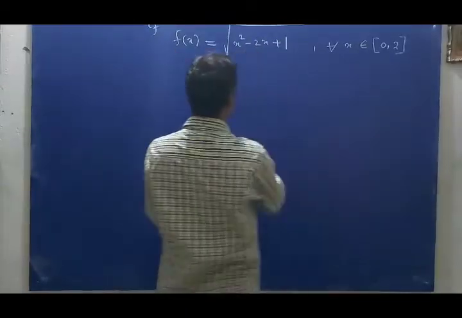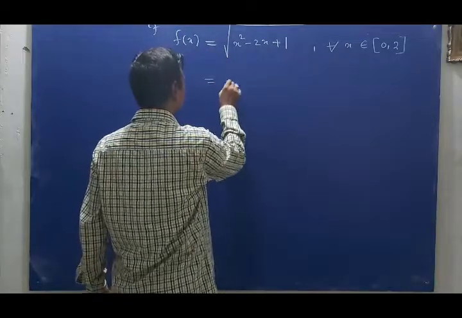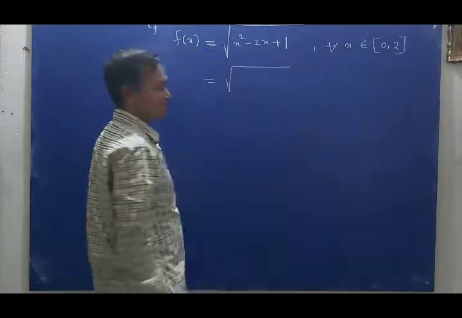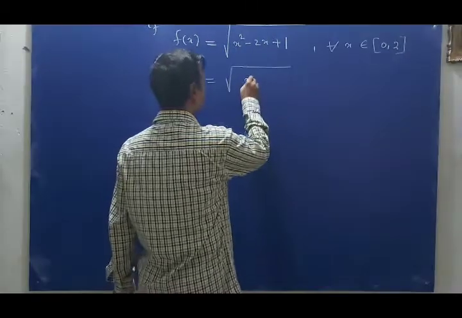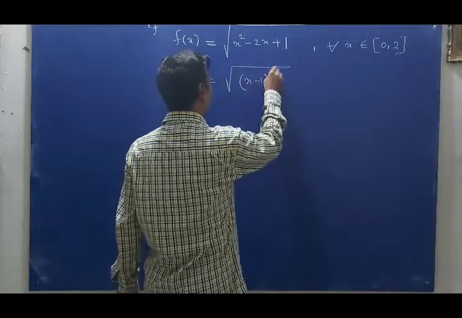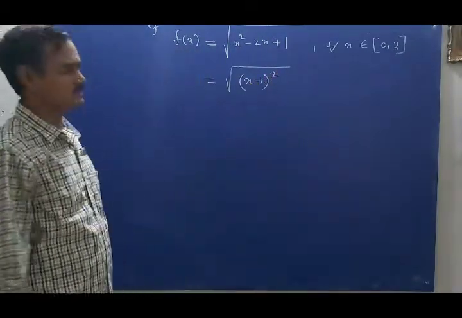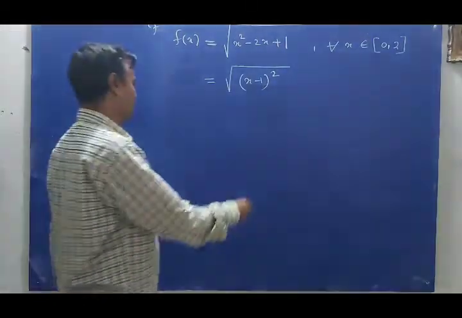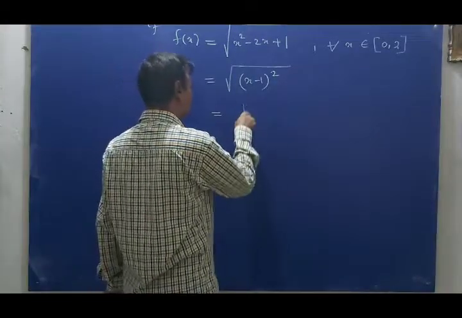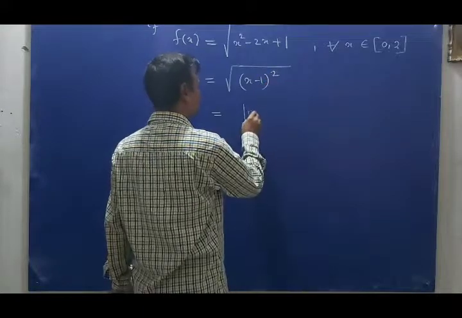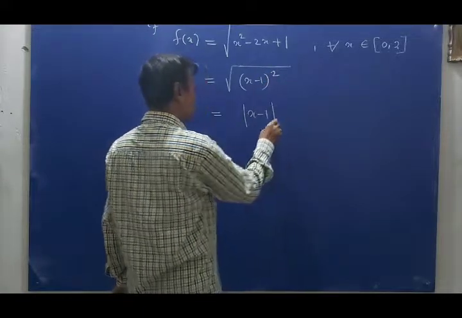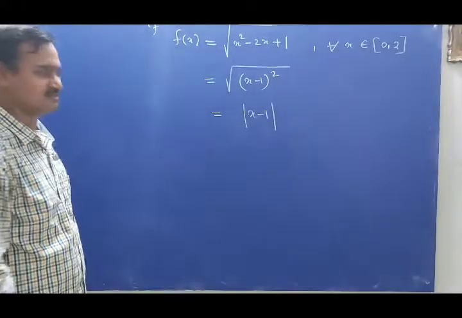So this can be expressed as the square root of (x minus 1) whole square. What is that result? Modulus of x minus 1.